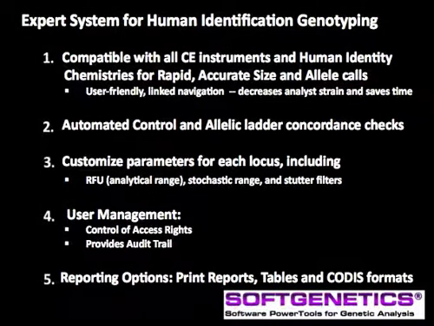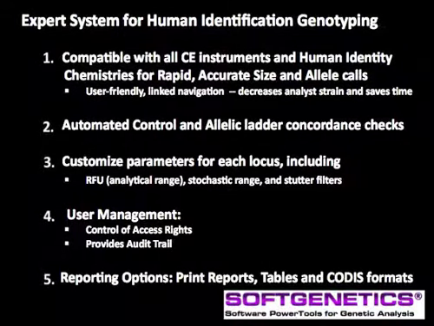As a reminder from the introductory webinar, GeneMarker HID has been validated by forensic labs worldwide and is concordant with their previously used genotyping software, such as GeneMapper, GeneMapper IDX, and GenoTyper software. GeneMarker HID is compatible with all CE instruments and human identity chemistries for rapid, accurate size and allele calls. The user-friendly linked navigation decreases analyst strain and saves time.